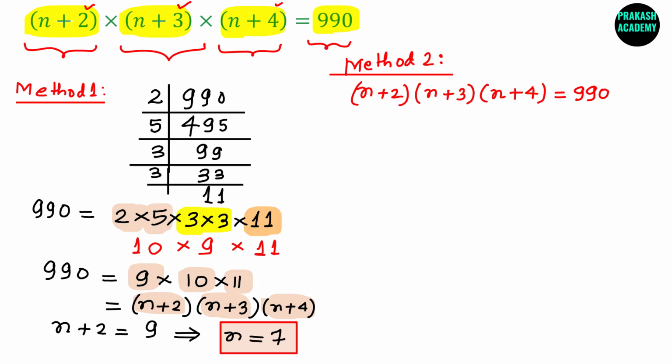Now in this case we have multiplication of three terms. We will try to factorize this into two terms. So you see, here we have 2, here we have 3, and here we have 4.